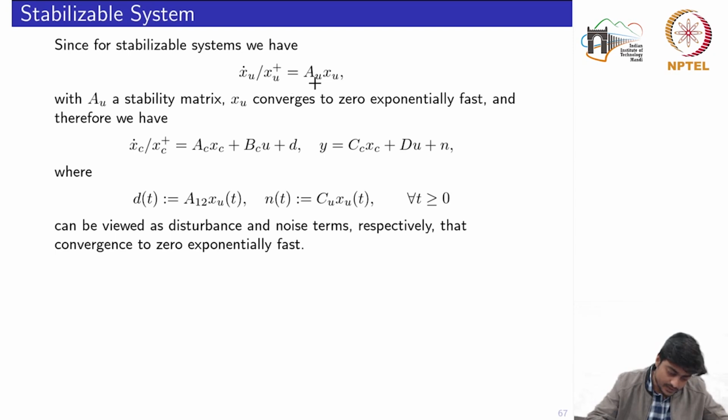So let's see. This is the homogeneous system in terms of the uncontrollable states, where AU is a stability matrix. So we know that XU converges to 0 exponentially fast, and we can write the equation only for the controllable states, where this D is nothing but your A12 XU.